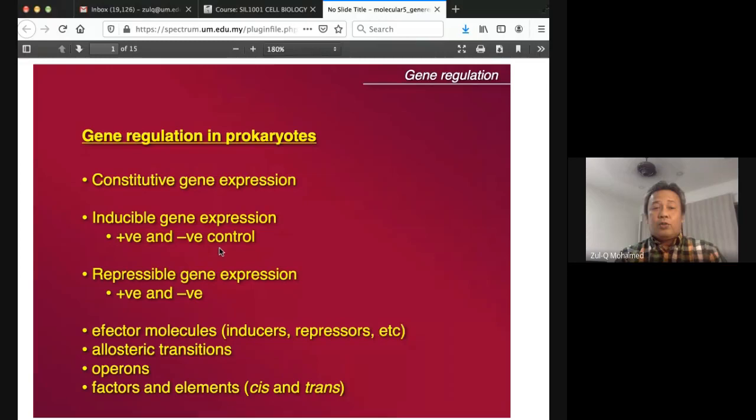Positive and negative control is how this gene is being switched on. Imagine you're in a car or on a bicycle going downhill. If you want to move, you pedal or you put on the accelerator. But at the same time, if you don't use the accelerator and just remove the brakes, it will also slide down.